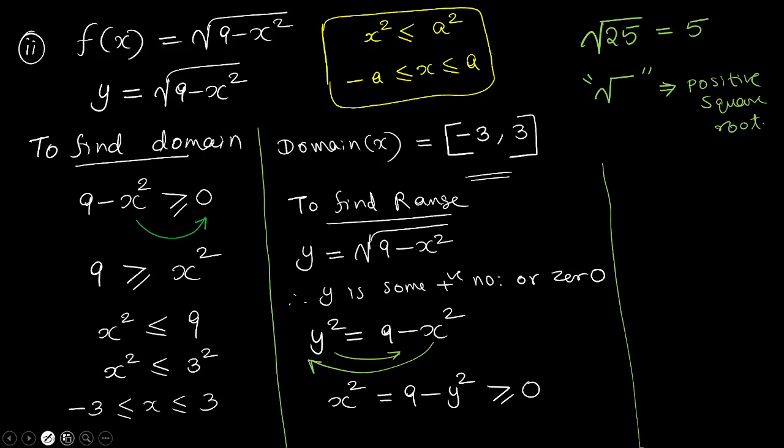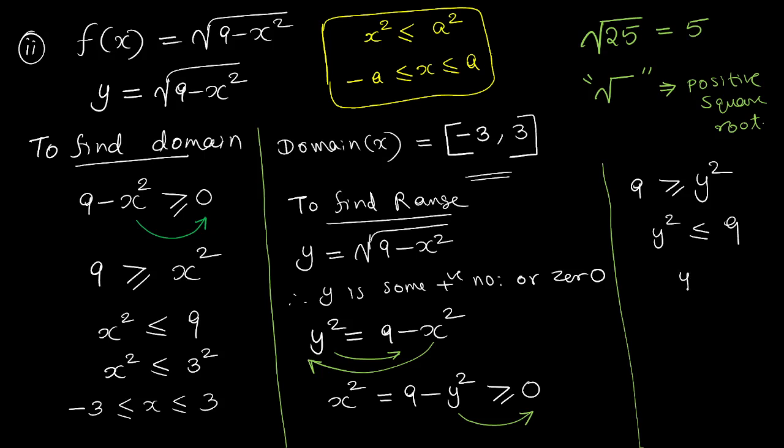Let me do the rearrangement. Minus y square taken to the other side. So I can write 9 greater than or equal to y square. This one taken to the other side. Can I reverse? Yes. 9 greater than or equal to y square, or y square less than or equal to 9, both having the same meaning.